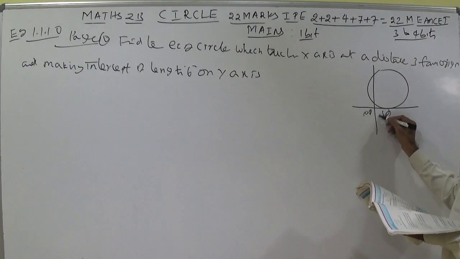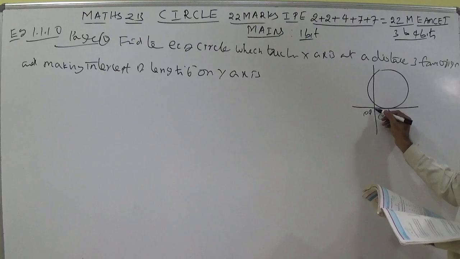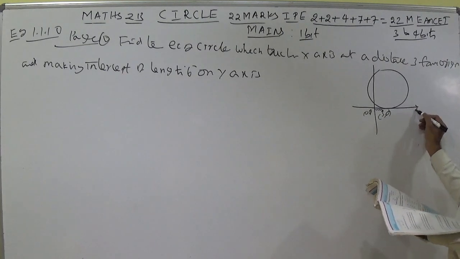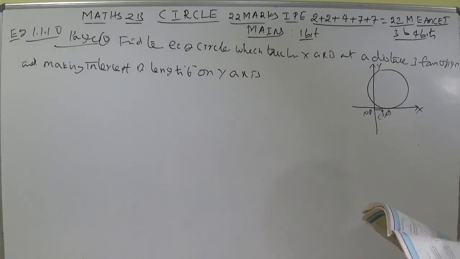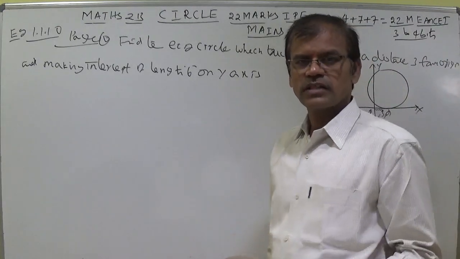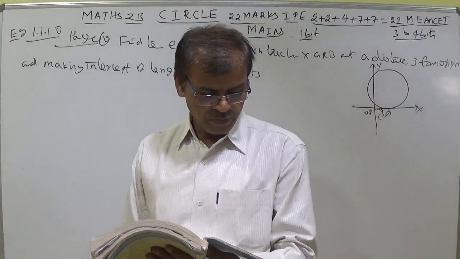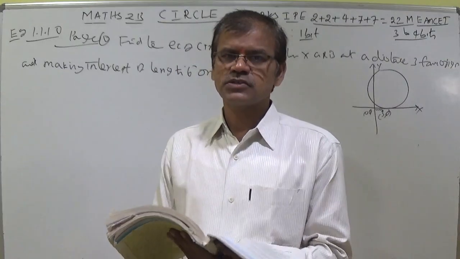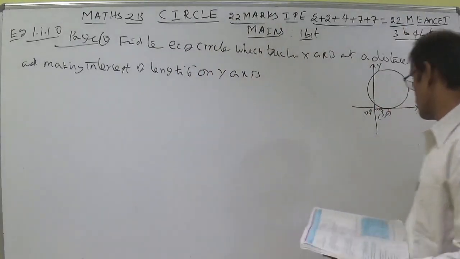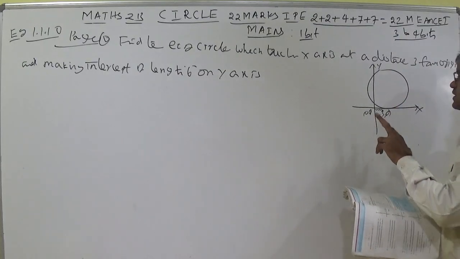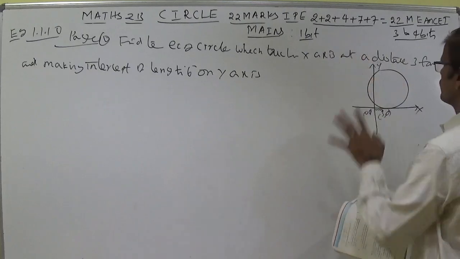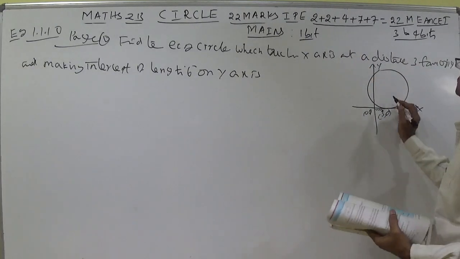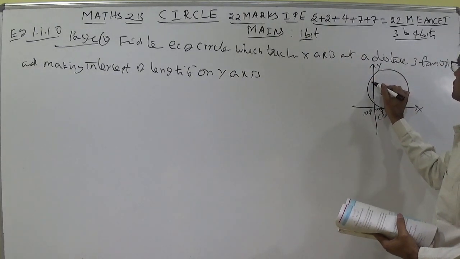From here this is 3, 0, 3 units. This is x-axis. No, it is not an x-intercept, because the circle should only touch the x-axis. The y-intercept is the 6 units.